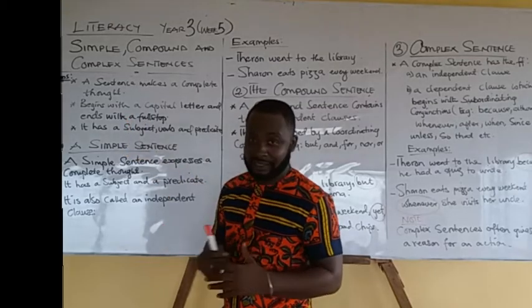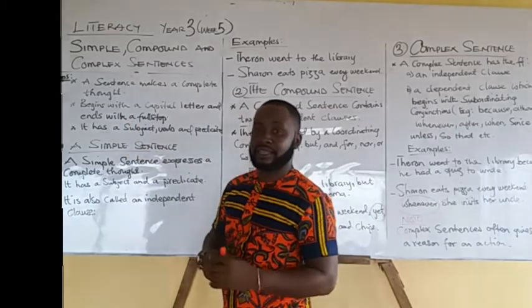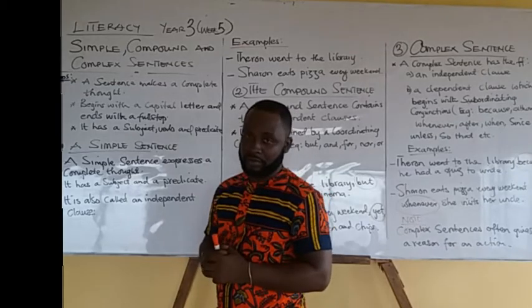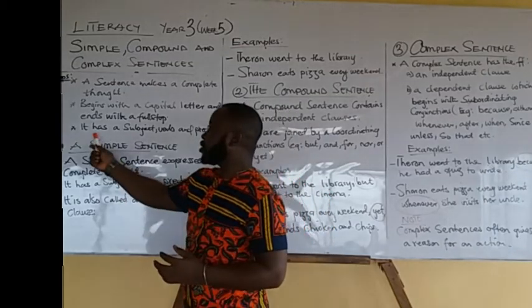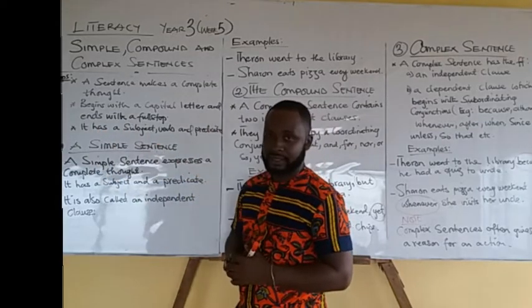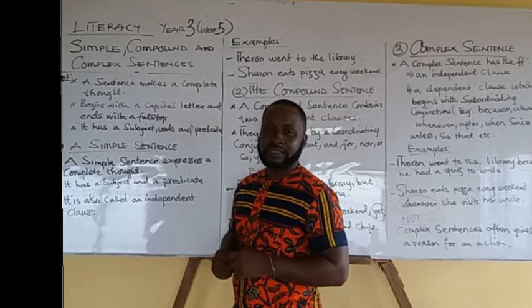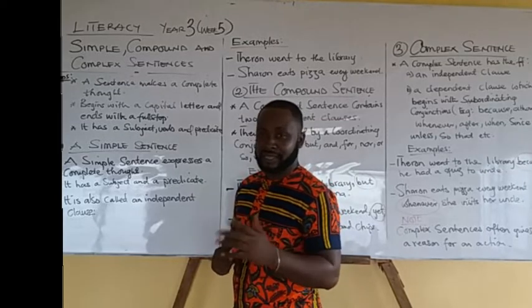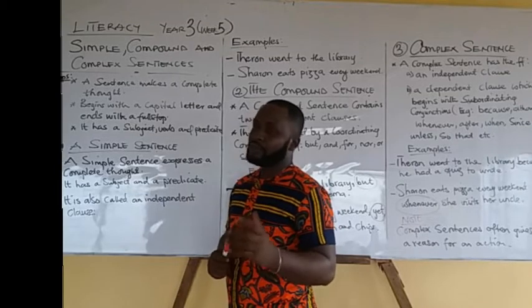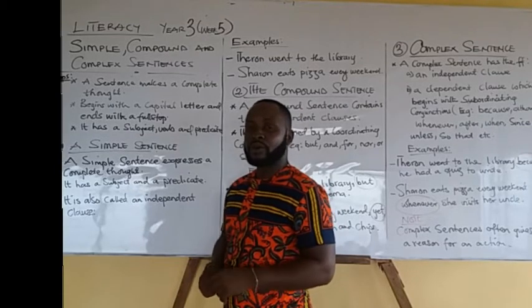And we all know that. Like each time you write a sentence, you must begin with a capital letter and end with a full stop. It also has a subject, verb, and predicate. Do you know what the subject of a sentence is? Do you know what the predicate also is? Don't worry, we shall learn more on that topic.